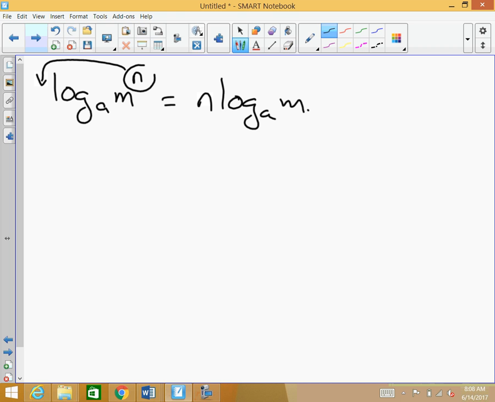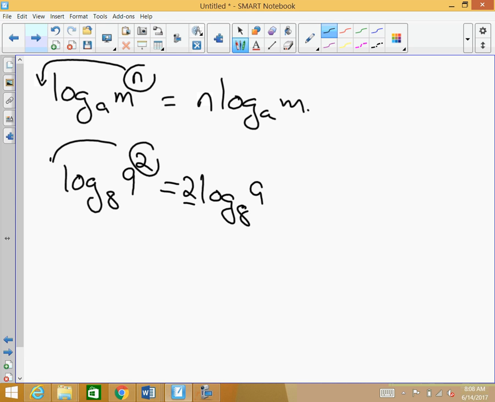So, if we have, let's say, I don't know, log_8 (9 to the 2), well, that's just going to be equal to 2 log_8 to the power 9. So all this exponent does is just kind of moves to the front of the log and becomes a multiplication. And that's all this really power of a power.